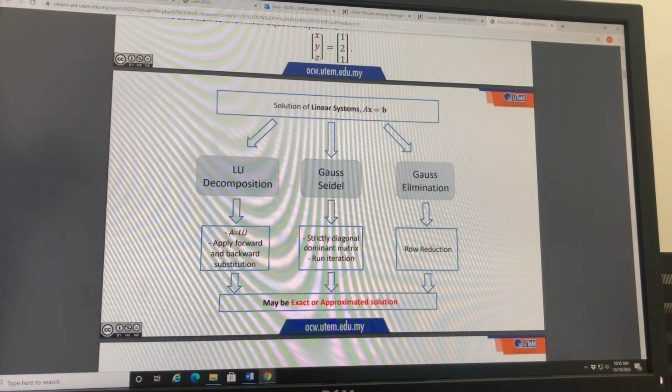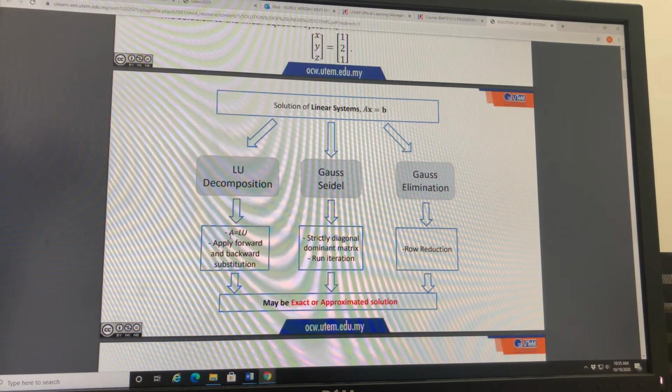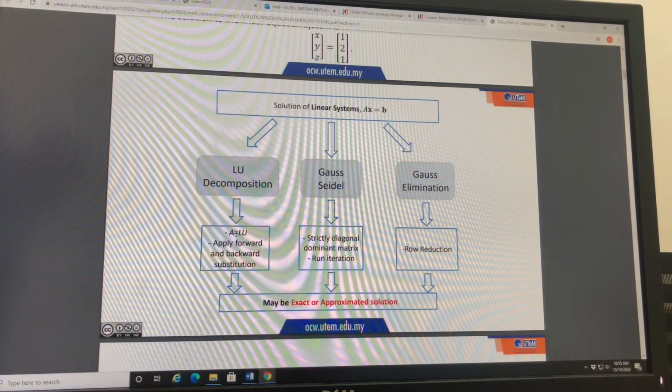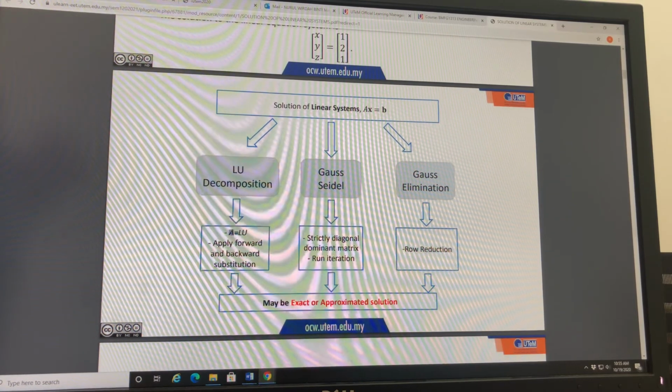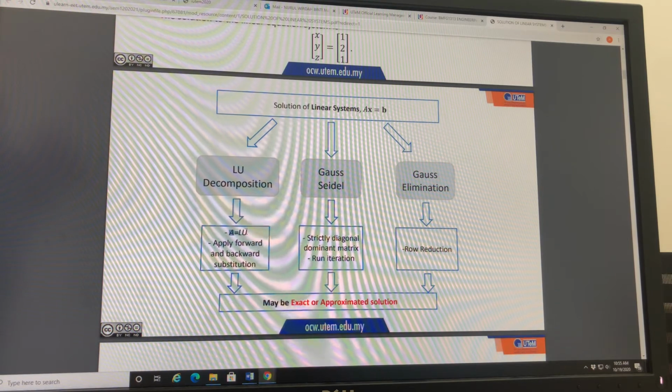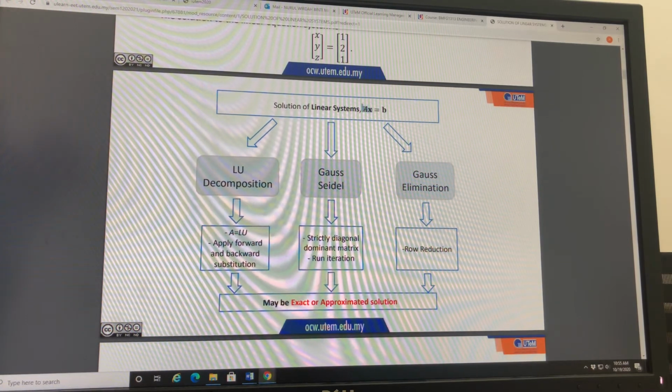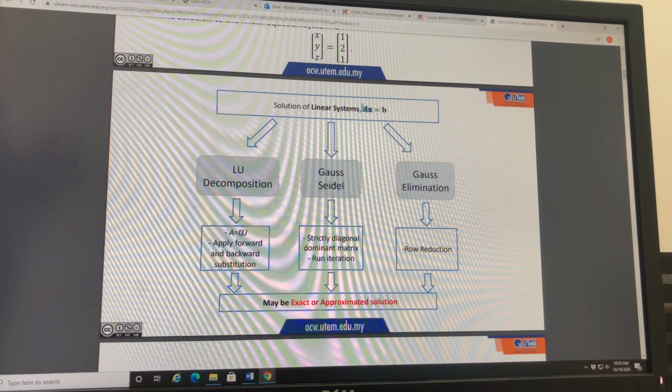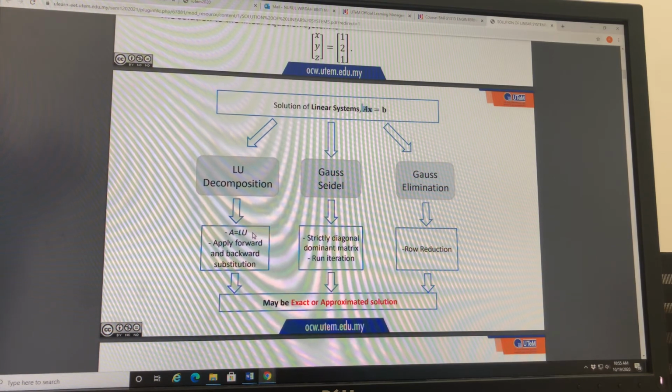So for the LU decomposition, it is A equal to LU. A is the matrix that we get from the question. L represents lower triangular, and U represents upper triangular.